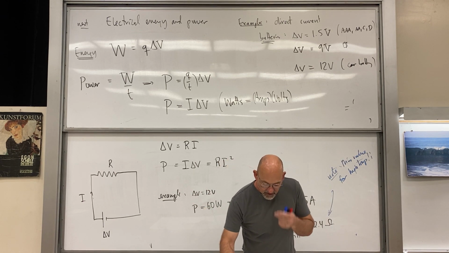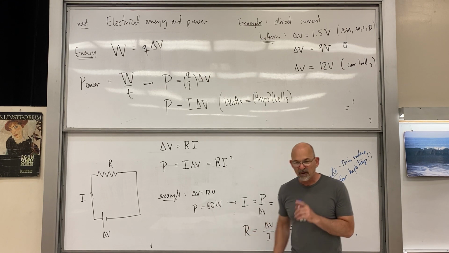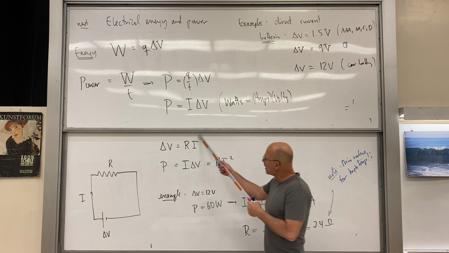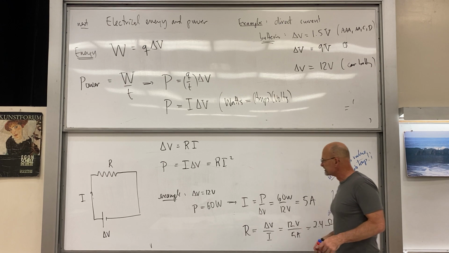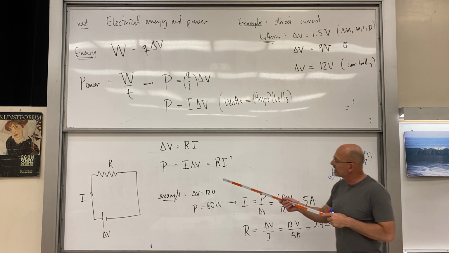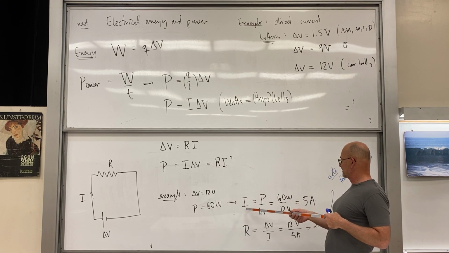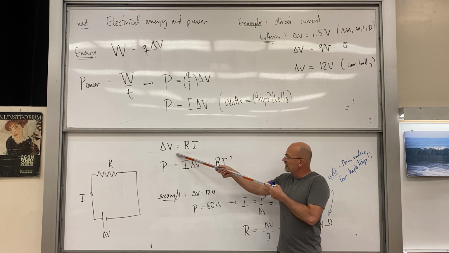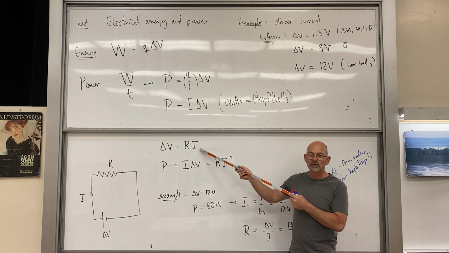Okay, I want to do one more thing before we do the direct current circuits, and that is to talk about batteries and internal resistance. Here I have Ohm's law, and here I have a battery hooked up to a light bulb. The current is the volts divided by the resistance, so as the resistance gets smaller and smaller, the current goes to infinity.